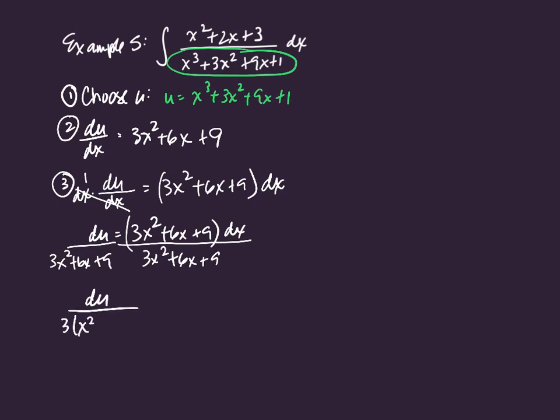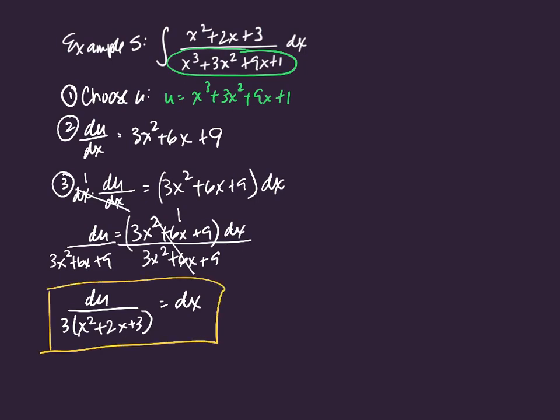I'm just going to go ahead and do that. Right. This is all 1. And then that's what I'm going to replace for my dx. Okay, I noticed that 3x squared plus 6x plus 9 had a common factor of 3. And notice when I factor out the 3, I get an x squared plus 2x plus 3. That's perfect.